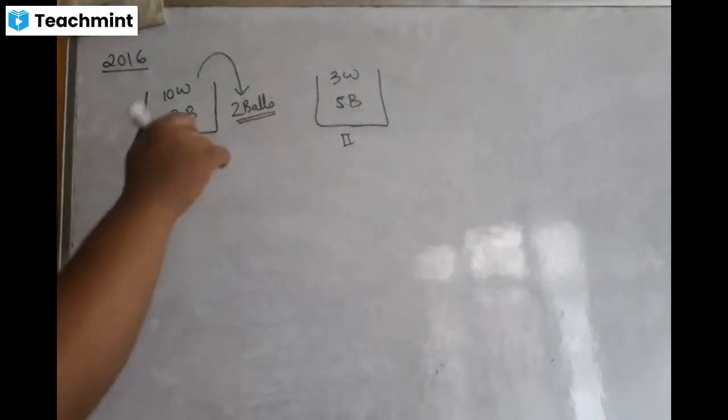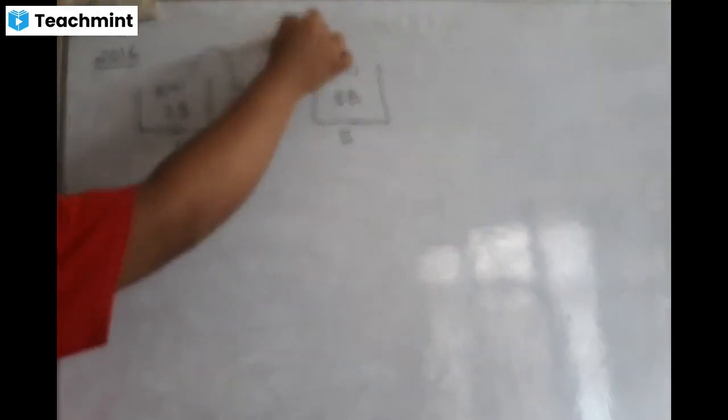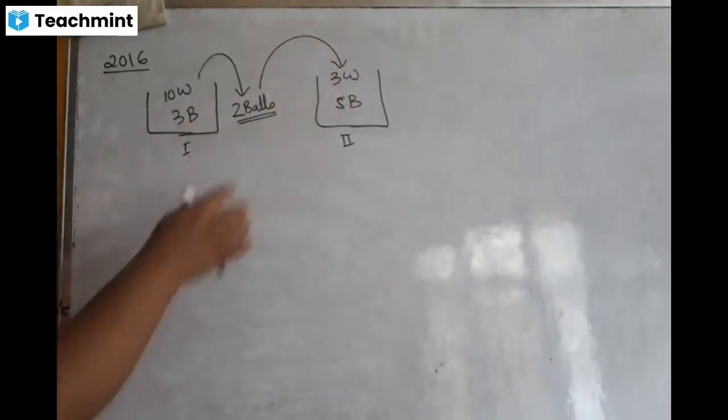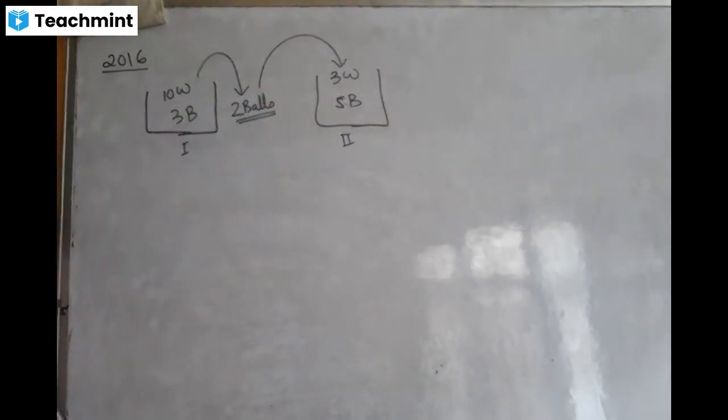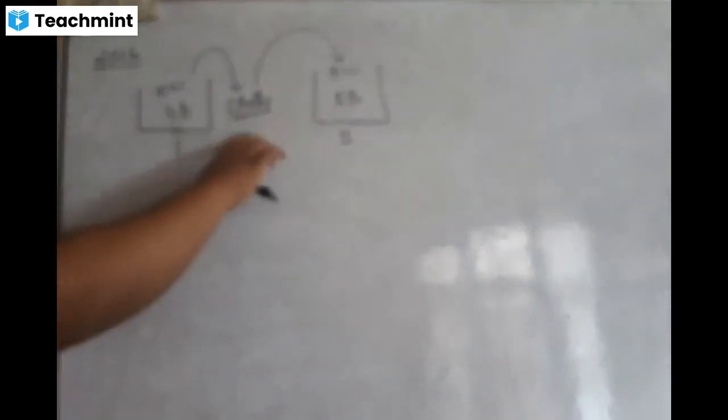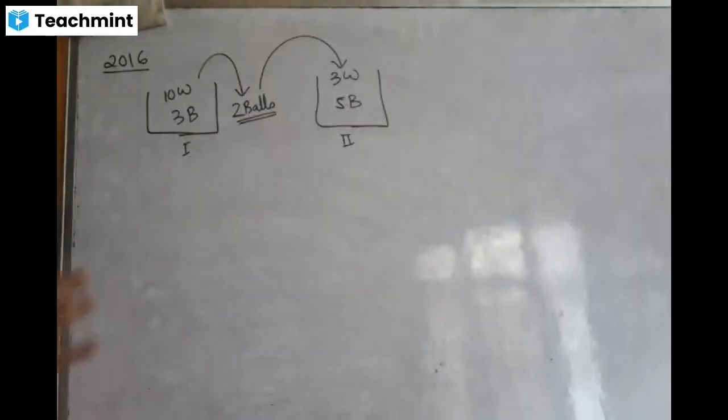But this is case 2. The ball which you have taken out, you are putting it in the second urn. Obviously, the composition of the second bag is going to change because the second bag contains 3 white and 5 black. So if you put 2 new balls, then the number of balls in the second bag is going to increase. Is that clear?